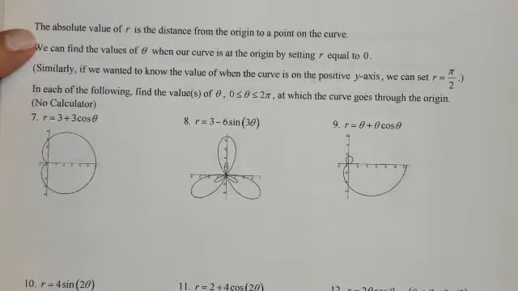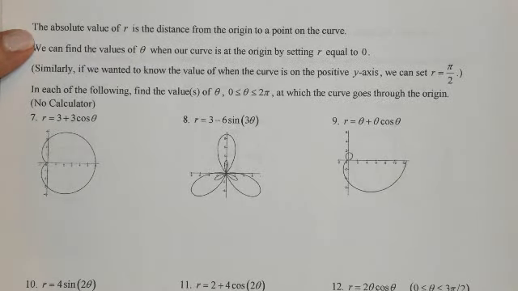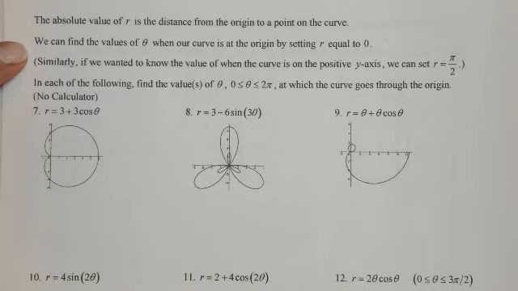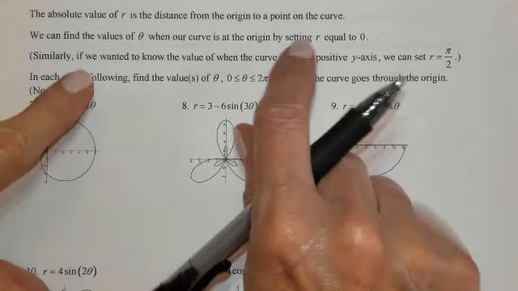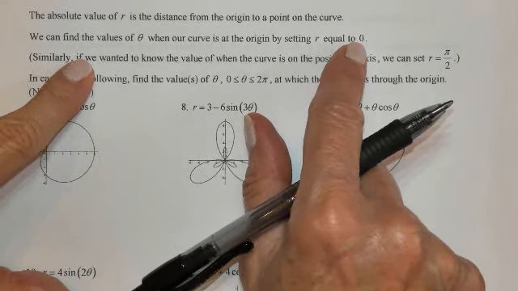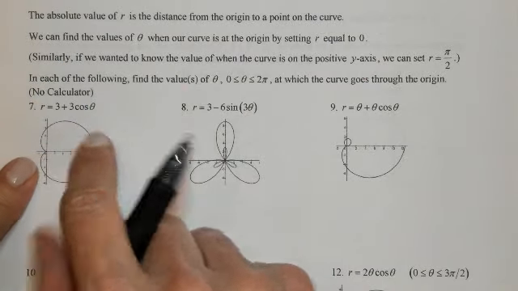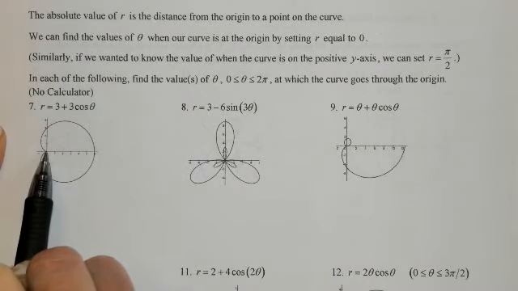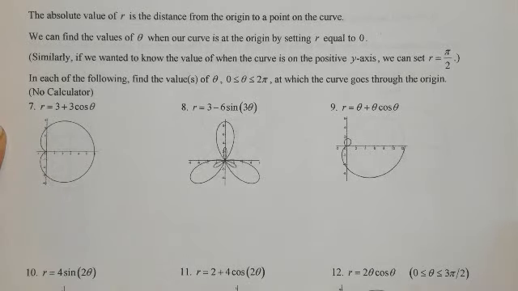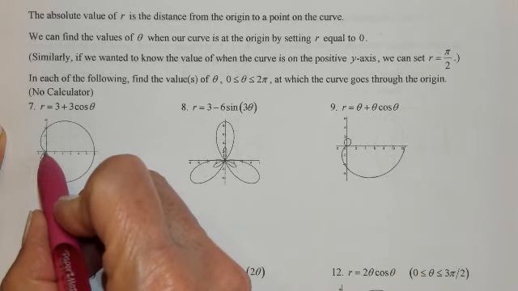The absolute value of r, remember, is the distance from the origin to a point on the curve. We can find the theta values when our curve is at the origin by setting r equal to 0. Let me say that again. If we want to know the theta where our curve is right here at the origin, that means that r is 0, right?